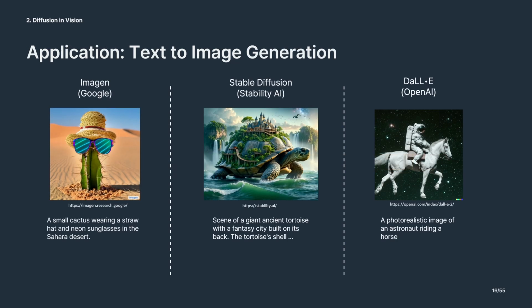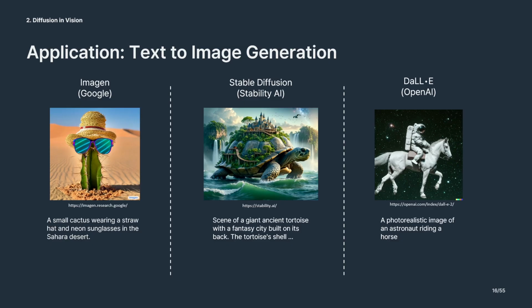One of the most common and impactful applications of diffusion models in vision is text-to-image generation. These models take in a natural language prompt and generate a high-quality image that matches the description. Examples include Imagen by Google, Stable Diffusion by Stability AI, and DALL-E by OpenAI.